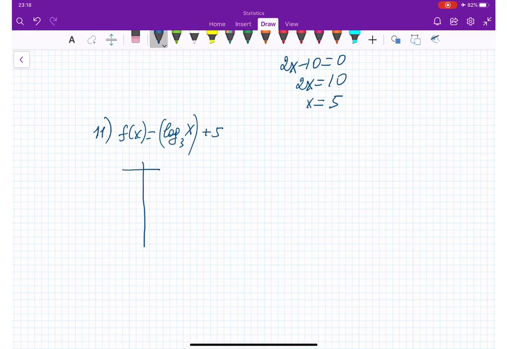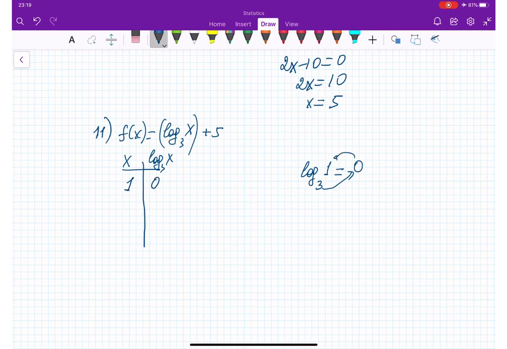Let's see. This is my x. Here I have log x by base 3. Okay? Let's say if my x is 1, then how much will be log x by base 3? Let me see. Instead of x, I'm plugging in 1. Here is 3, right? So 3 to what power will give me 1? 0, right?